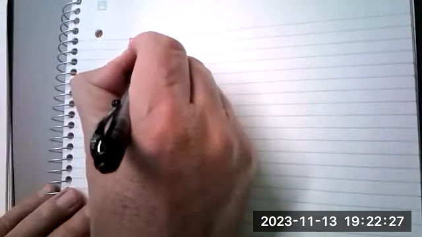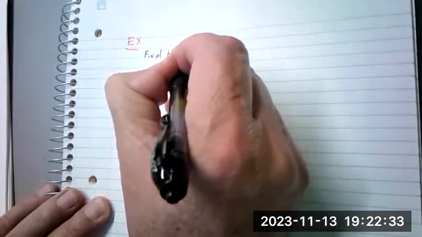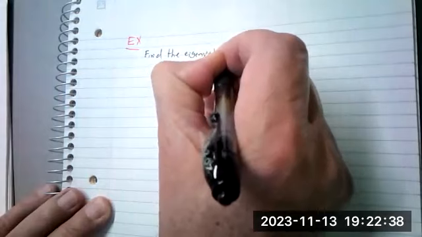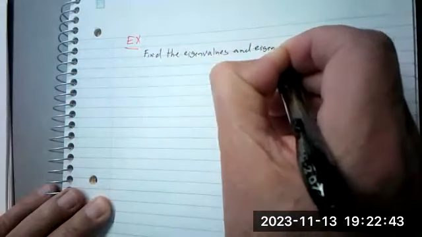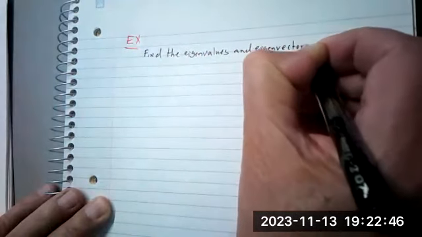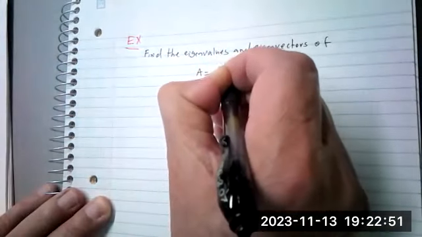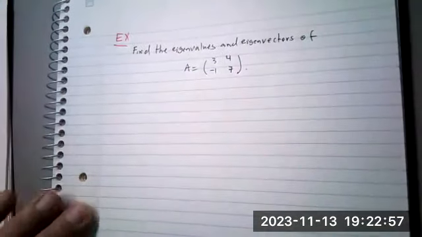So, example: we want to find the eigenvalues and corresponding eigenvectors of this matrix, A equal to 3, 4, -1, and 7. That's it.